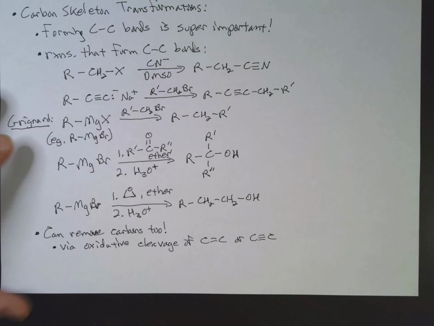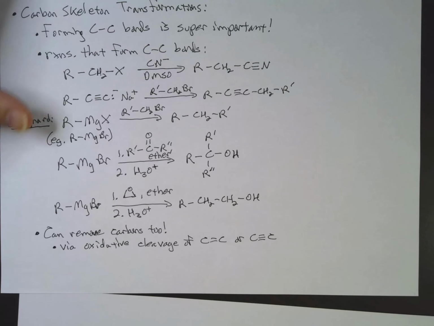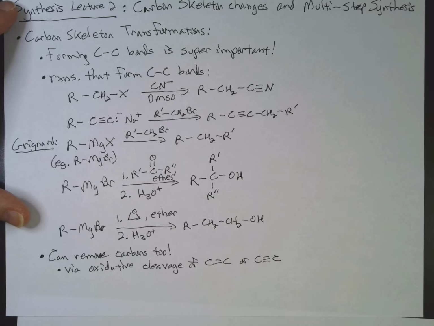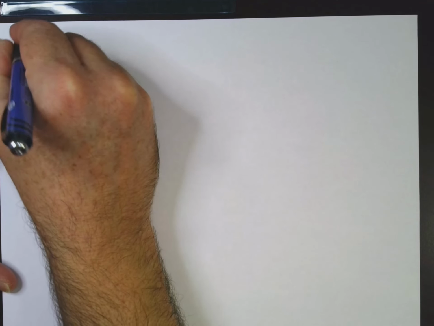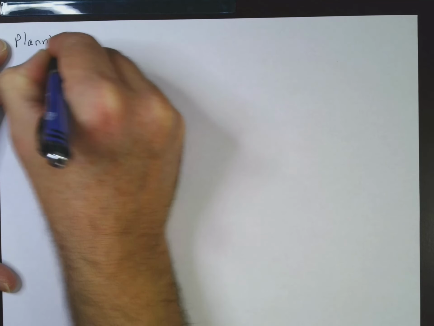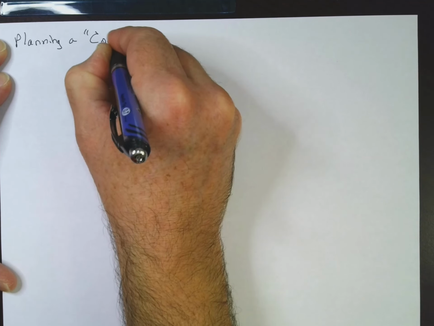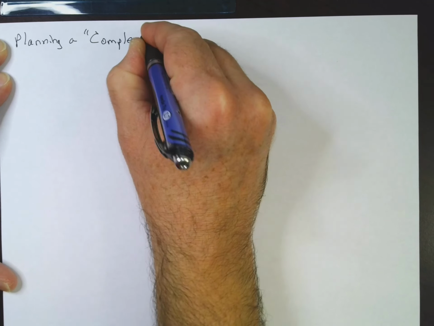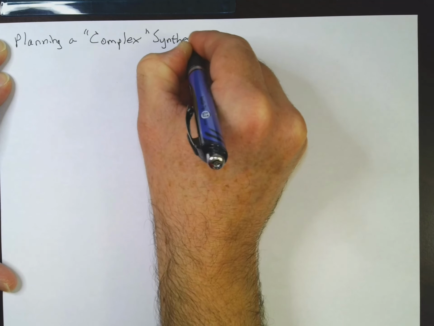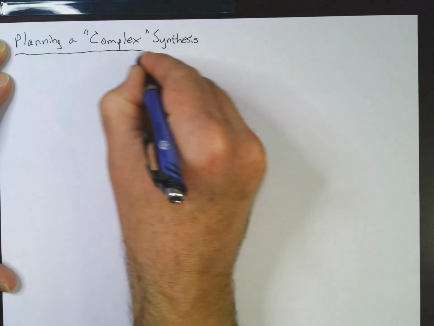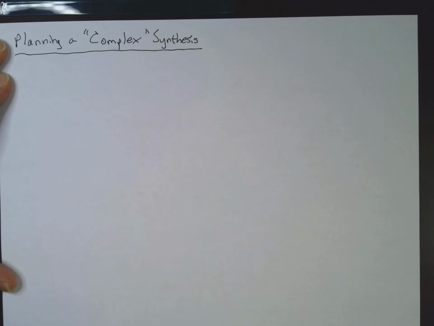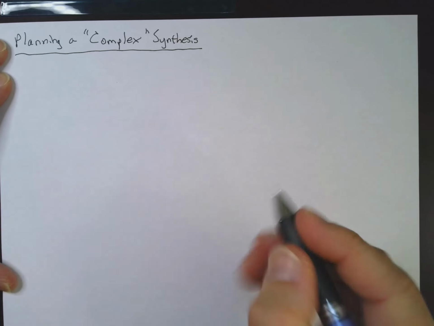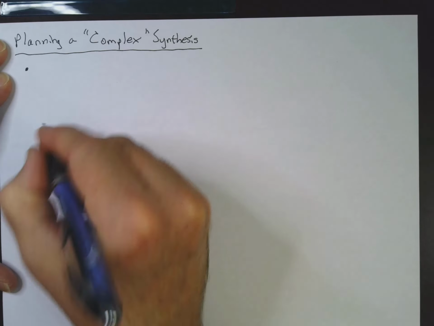Okay, so let's take a look here at how we would go about planning a more complex synthesis. Make sure you guys can see all of that. All right, so let's move on here to planning a "complex synthesis." Now, before, we looked at the changes made, so we'll want to do that again.